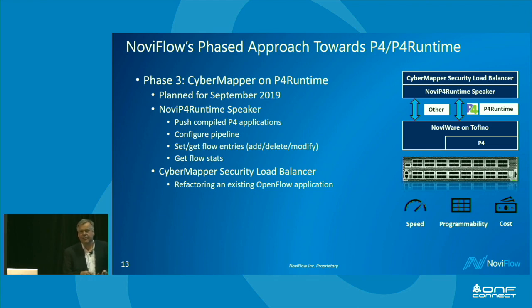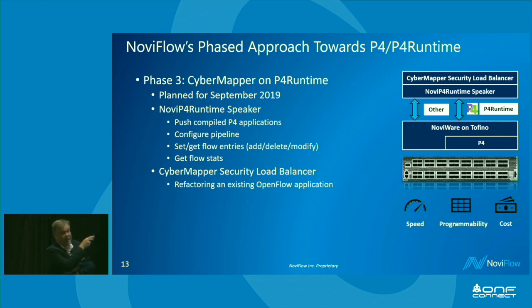Maybe I can try restating the question. From an API perspective, if you were to push 10,000 or 100,000 write requests via OpenFlow versus P4 Runtime, are you observing performance differences between the two APIs? No, we're not that far along. We don't know yet. On the OpenFlow side, we can get all the way up to 40,000 flow entries per second on some of our platforms, but we don't know any numbers yet for P4 Runtime.